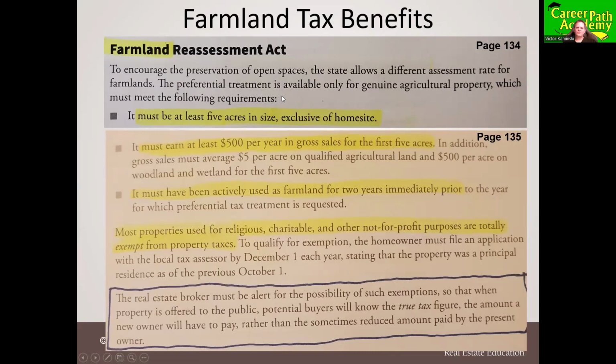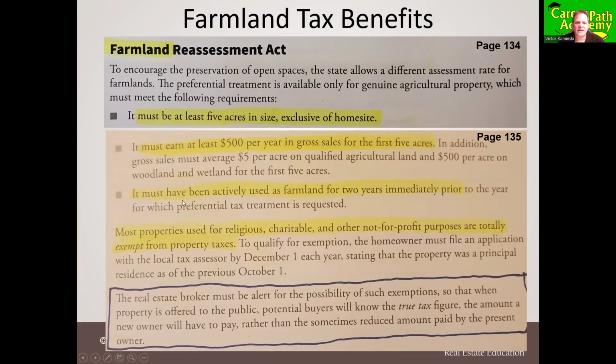The preferential treatment's available only for genuine agricultural property, which must meet the following requirements. It has to have at least 5 acres of land exclusive to the home site. It has to earn at least $500 a year in gross sales for those first 5 acres. It has to have been actively used as farmland for at least 2 years before they file for that preferential treatment, that tax break.